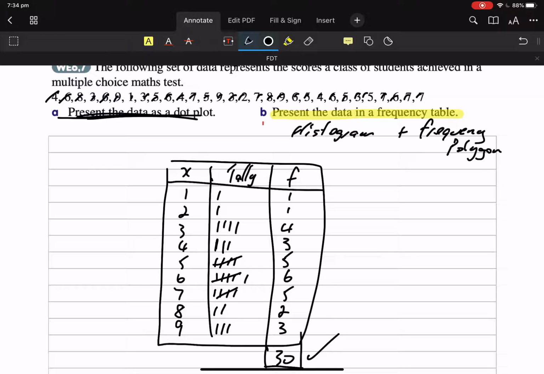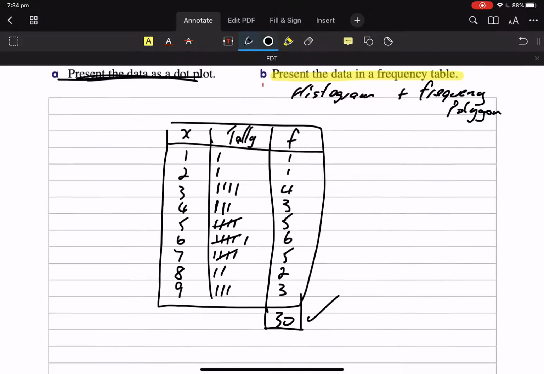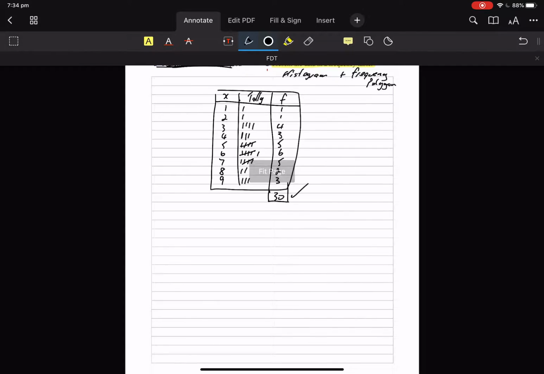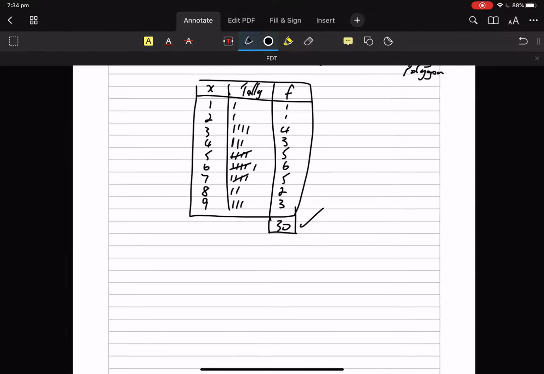That's a check that we actually haven't missed or skipped a number. Okay, so that's our frequency table. Done. It can be a bit neater if you've got a ruler, clearly. Okay, I'll make that a little bit smaller.